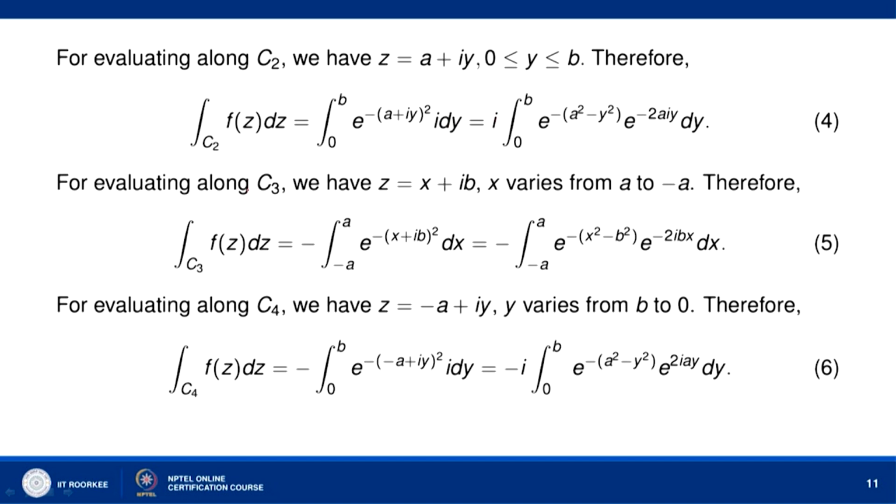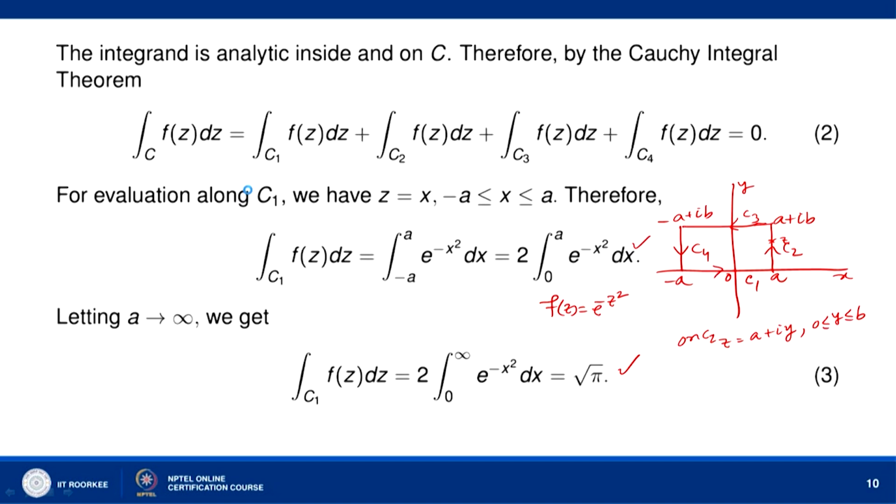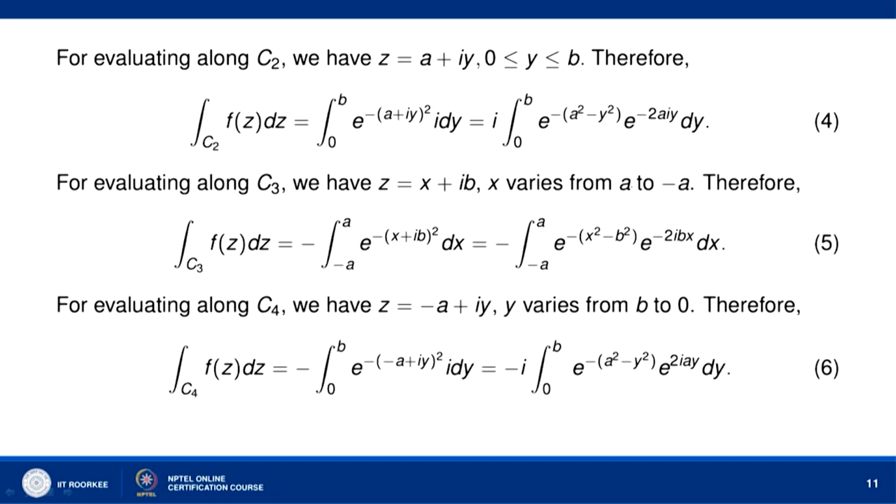Okay. For evaluating along C3, now let us look at C3. Along C3, you notice that y is fixed, y is equal to b. x varies from a to minus a. So, on C3, we will write z as x plus ib, where x varies from a to minus a.